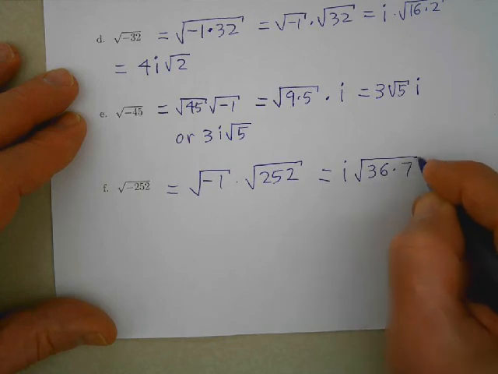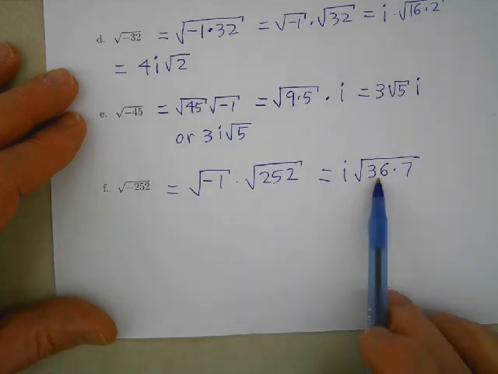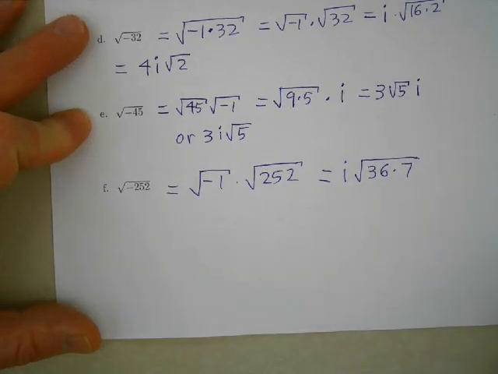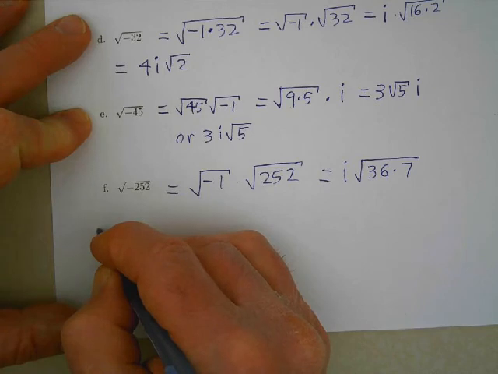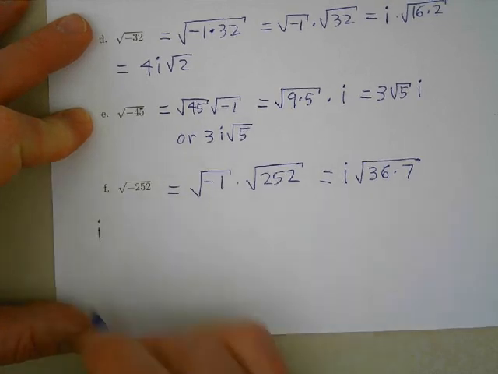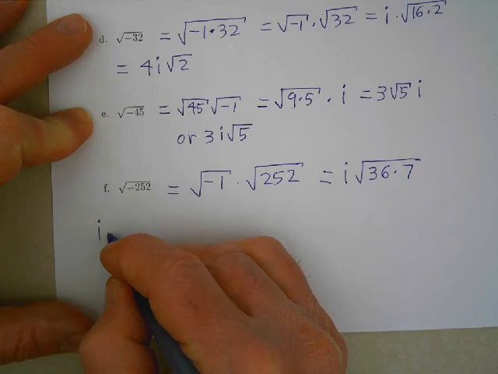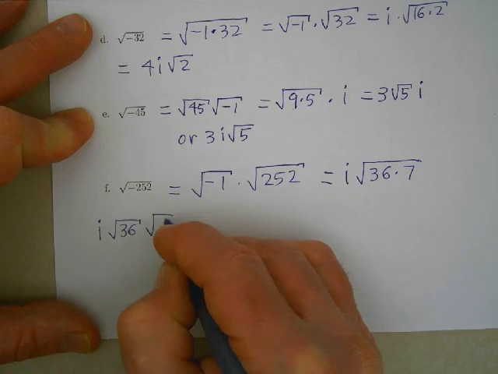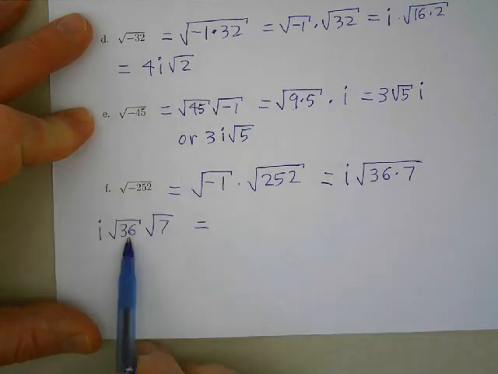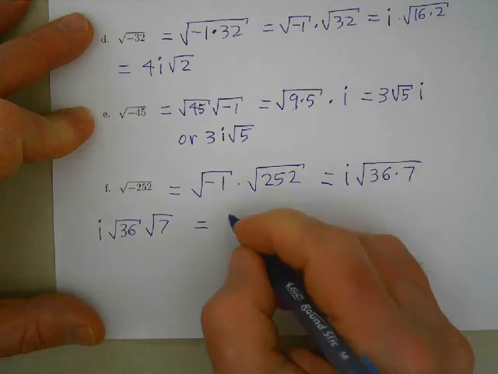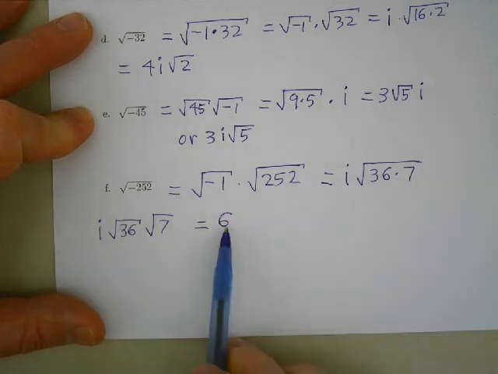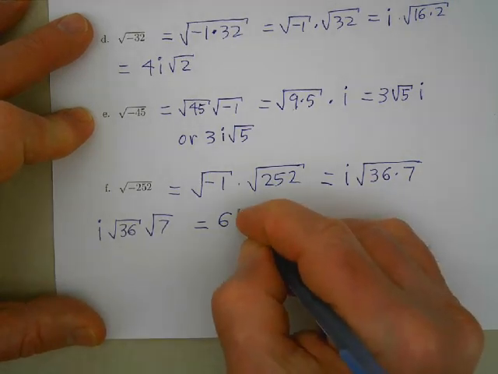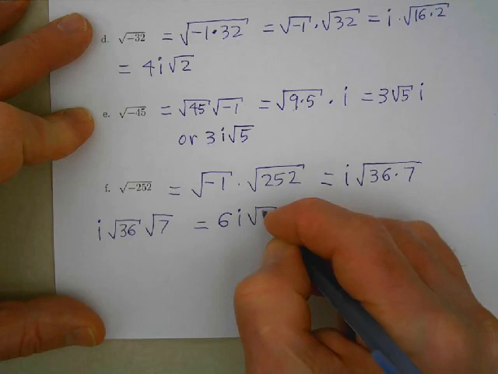So I'll rewrite the square root of 252 as the square root of 36 times 7. Then we can write this as i times the square root of 36 times the square root of 7. The square root of 36 is 6, and it's more customary to put the non-radical integer factor to the left of i, and so it's 6i times the square root of 7.